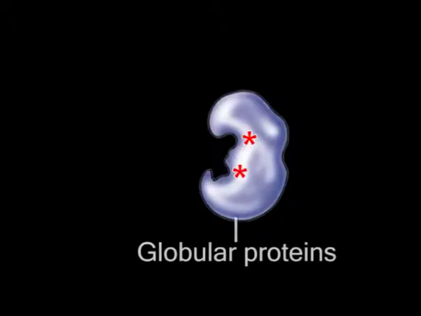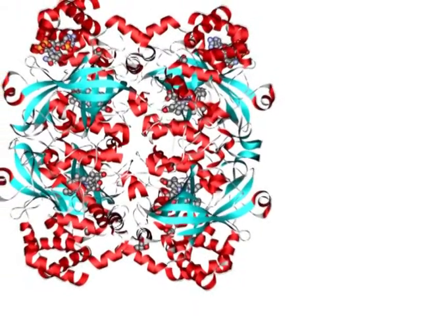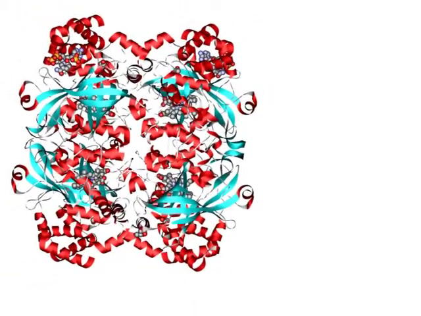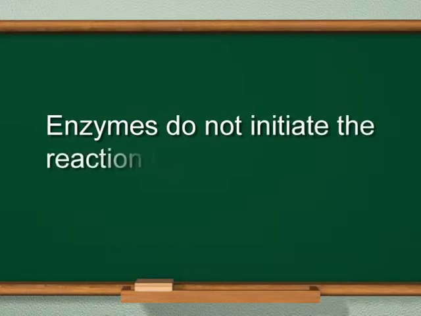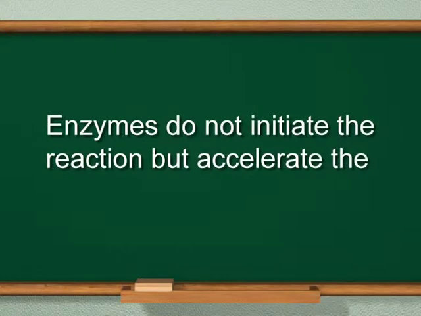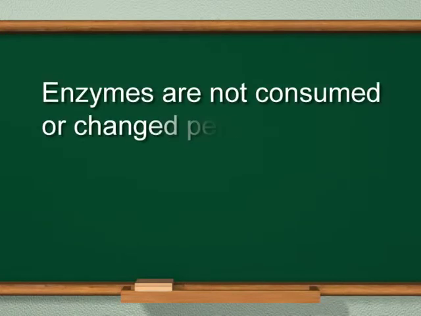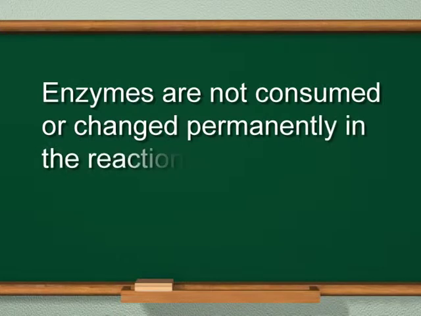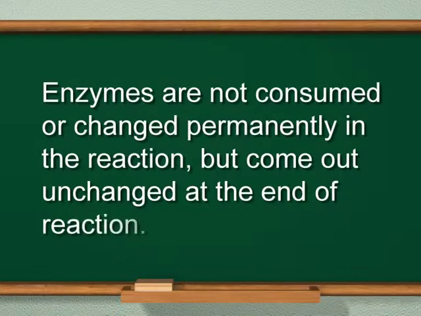Enzymes are polymeric globular proteins. Enzymes are giant molecules with high molecular weight. Enzymes do not initiate the reaction but accelerate the reaction. Enzymes are not consumed or changed permanently in the reaction but come out unchanged at the end of reaction.